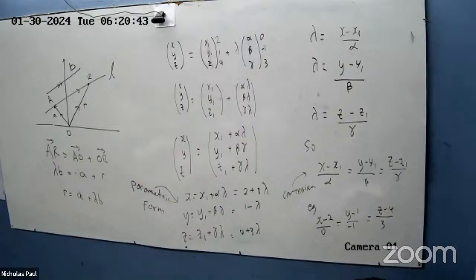Right? So I like to start in the same order. It's kind of easy to remember. Start with the vector, make x the subject, then make lambda the subject. So write that little summary down. Start with the vector.